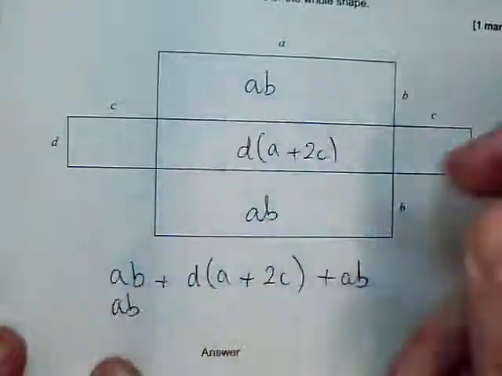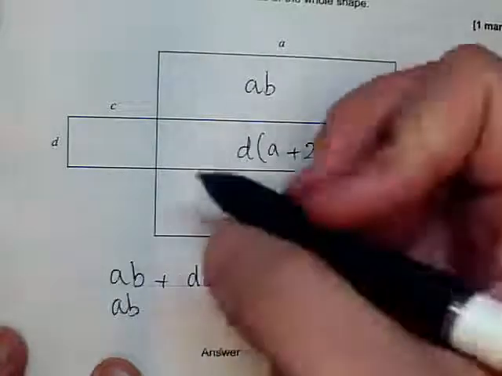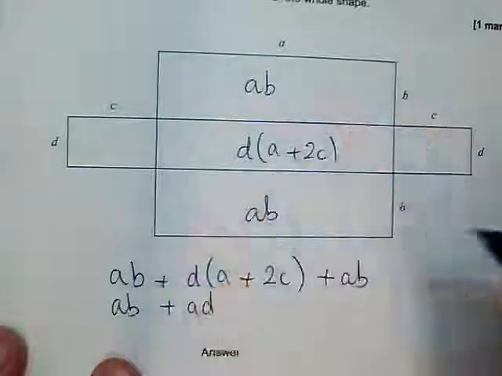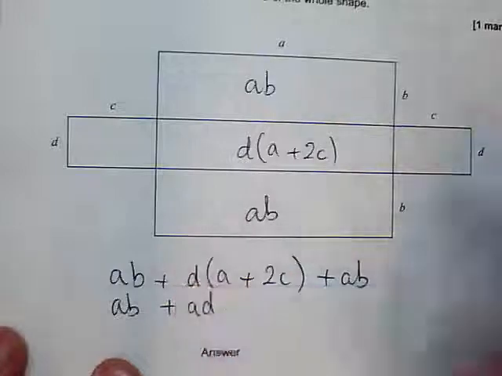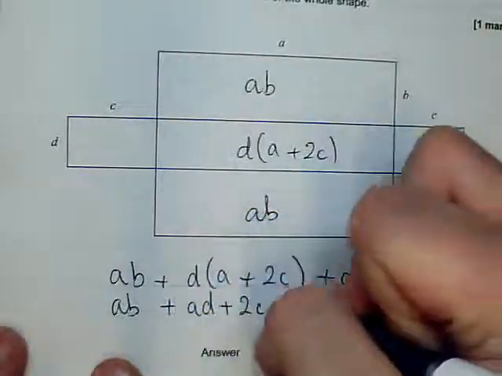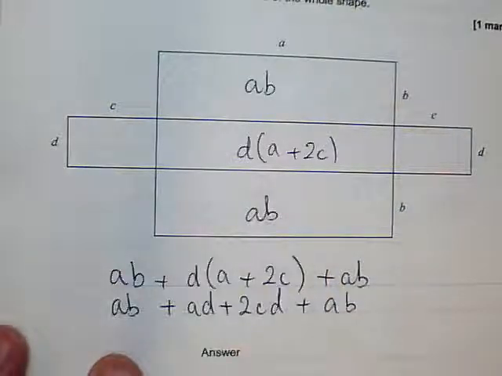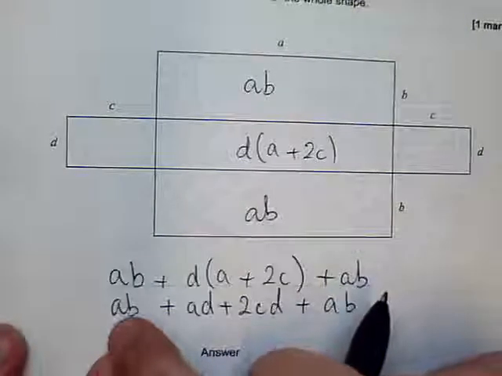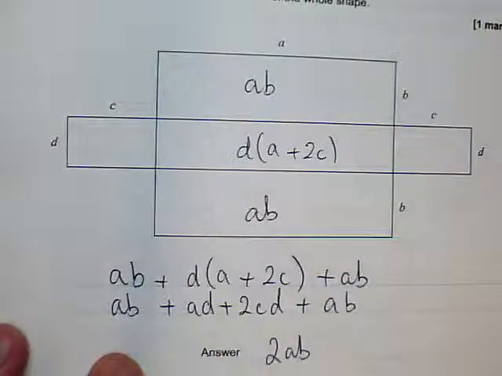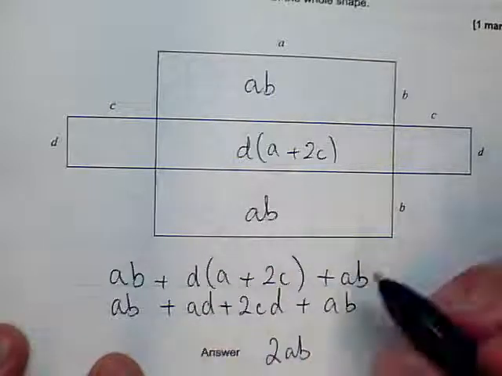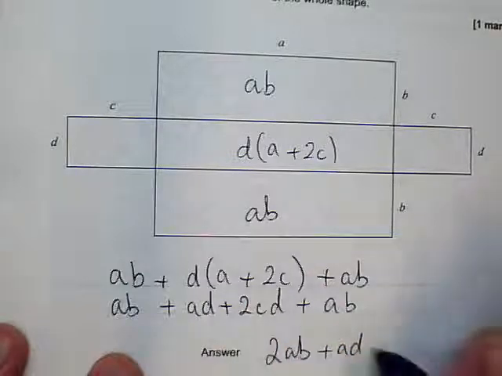So I've got AB, D times A, remember write in alphabetical order, so that's AD, D times 2C can be written as 2CD, remembering it's alphabetical order, and then I've got plus AB. So if I look at what I have in total, I've got AB and another AB, so that's two lots of AB. I've got plus AD plus 2CD.